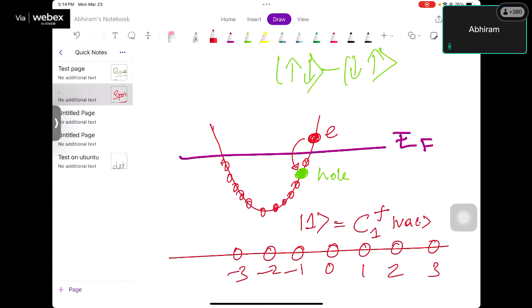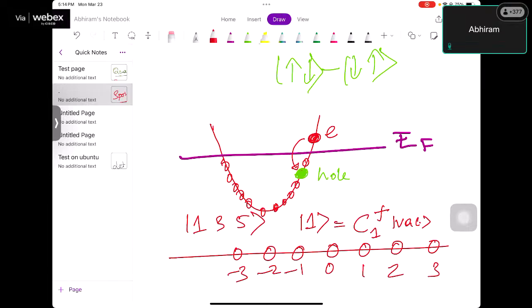Like this, you can have many-particle states also. For example, ket1, ket3, ket5, that is ket 1 3 5. This is a 3-particle state. This means that there is one electron at site 1, one electron at site 3, one electron at site 5. Now you take this kind of state and operate on it with the annihilation or destruction operator.